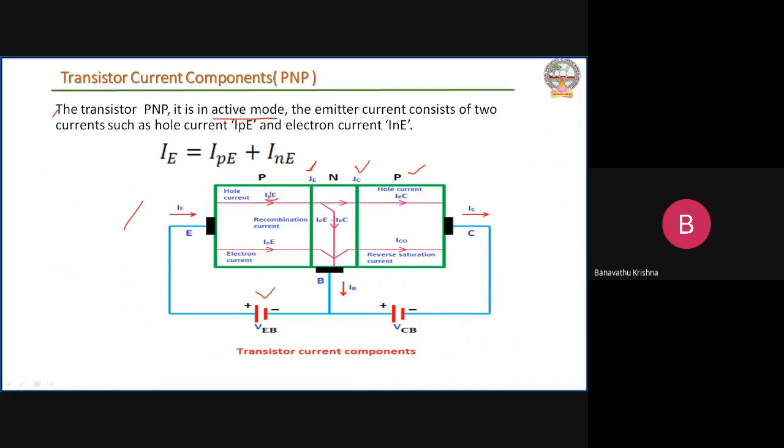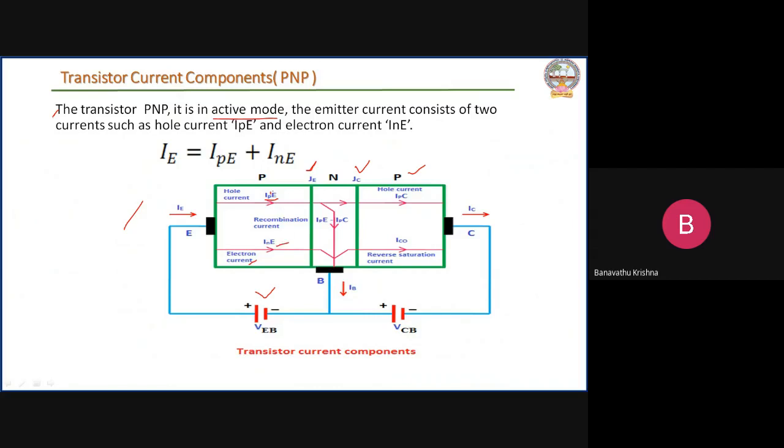Similarly, INE: negatively charged carriers are minority in the P region. Due to the forward bias condition, there is also a movement of electrons. That current is the emitter current due to the minority charge carriers, nothing but INE.